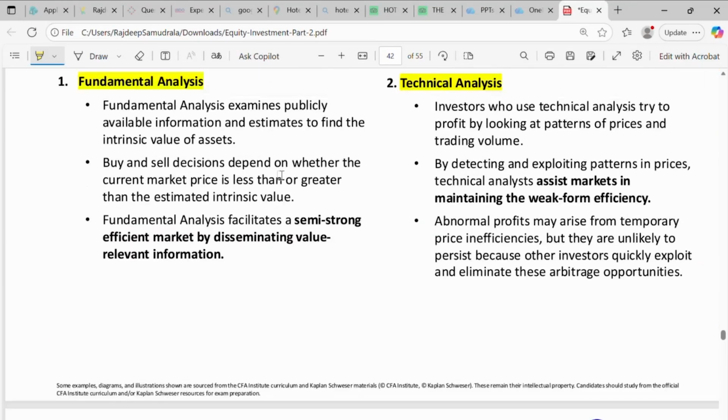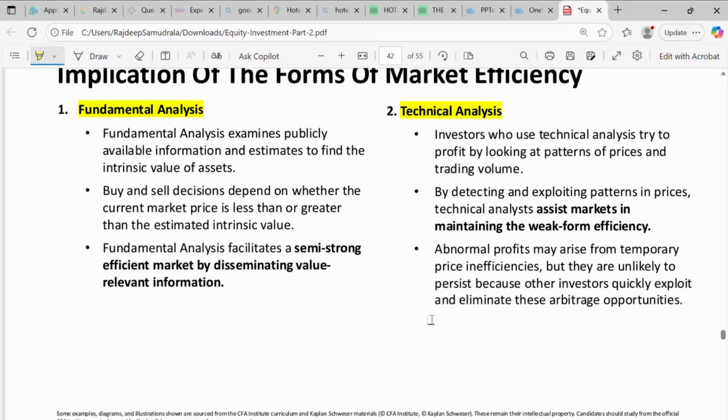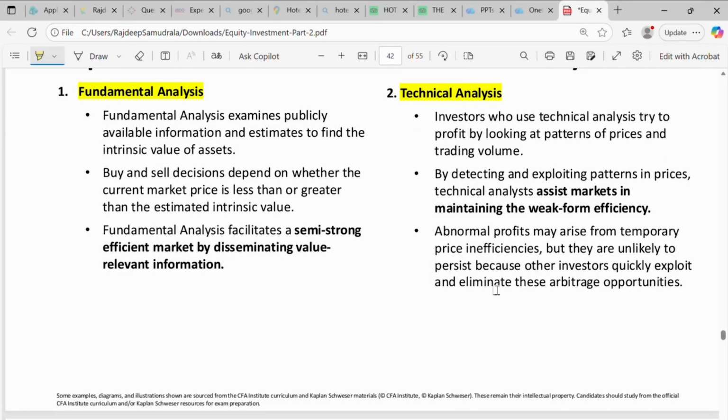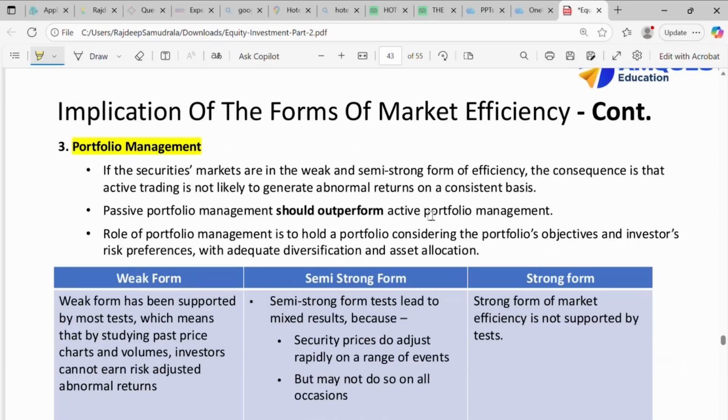Okay. Obviously you'll realize fundamentally you can make money in a weak market, but semi-strong is a little bit tricky because it already connects. Technical analysis, you'll make money in no market, because you're already affected in the weak market. You're already reflecting the price. So in a weak form market, you can't really make more profits.